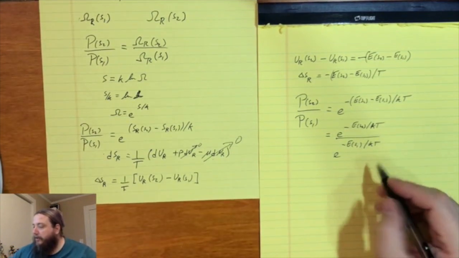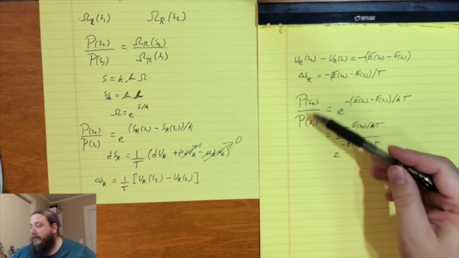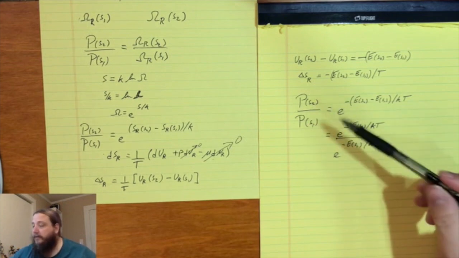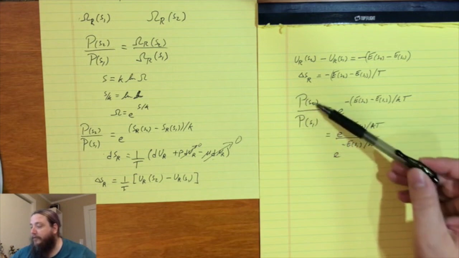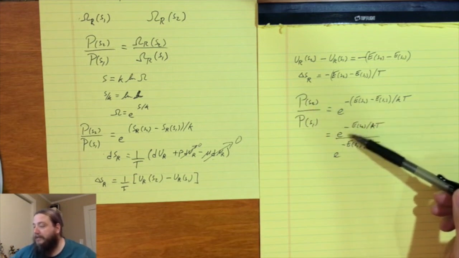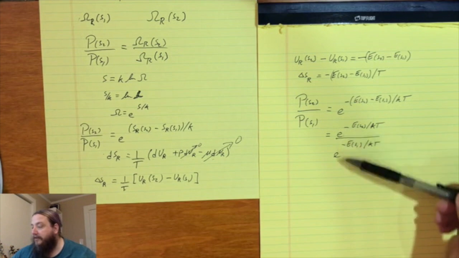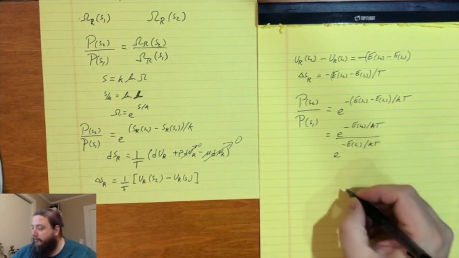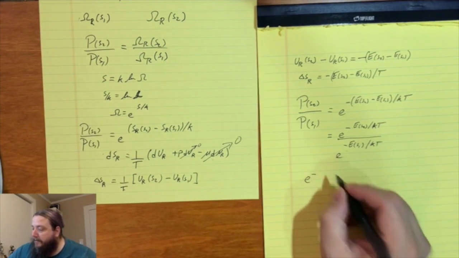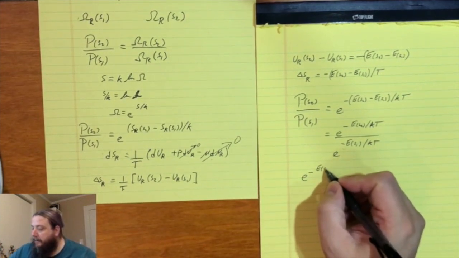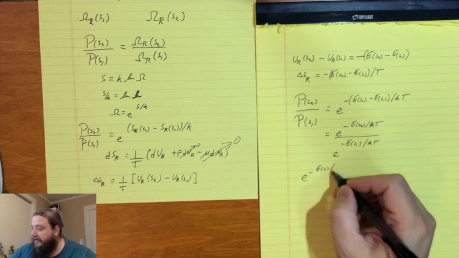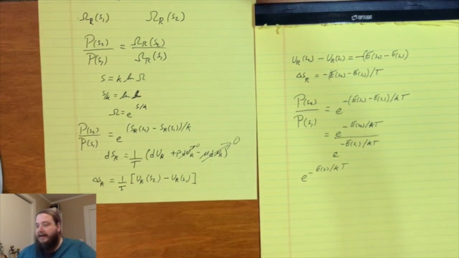And notice then that the ratio of the probabilities of being in state 2 and state 1 is just the ratio of these two factors here, both of the form e to the minus energy of a given state divided by kT.